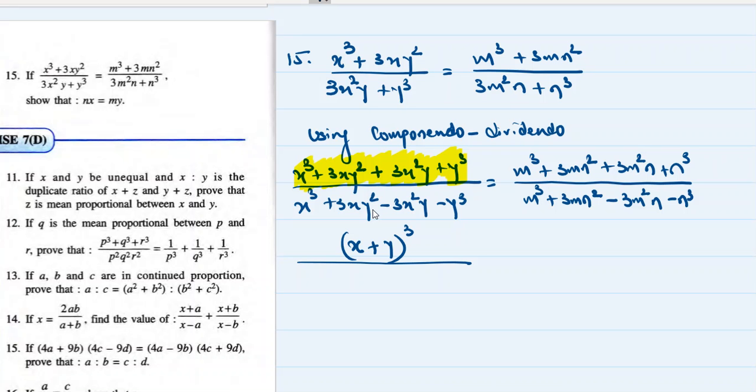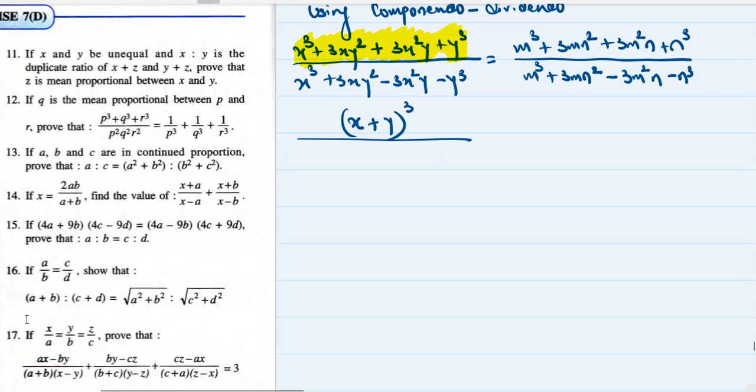So if you take out minus common, you get x minus y in the bracket. I just want to show you this step separately. I'm not going to write it in the question because that's unnecessarily going to increase the number of steps. So I'm just simplifying this further over here and I'll erase it later.